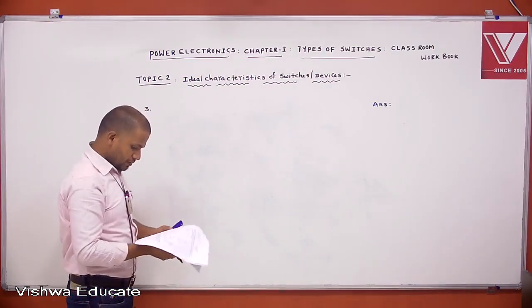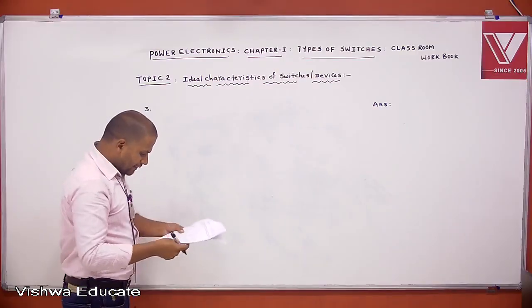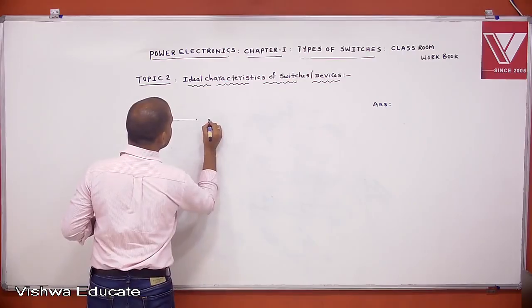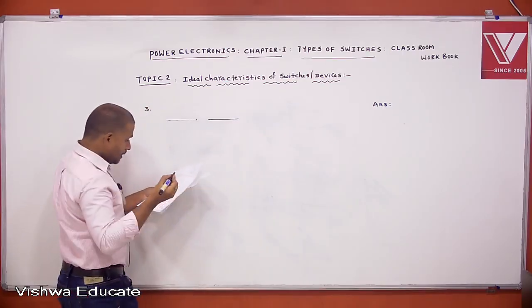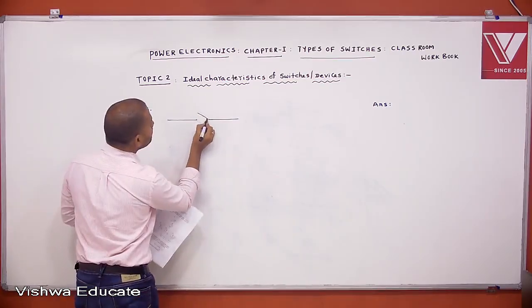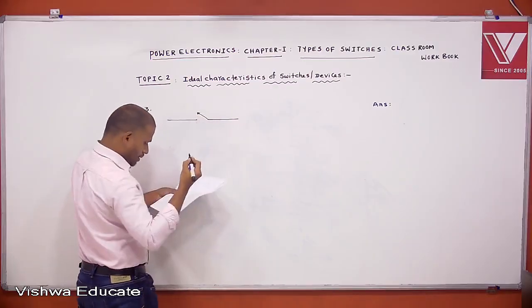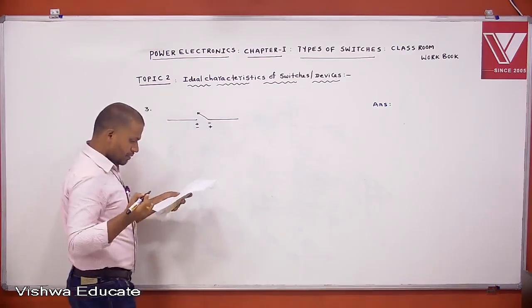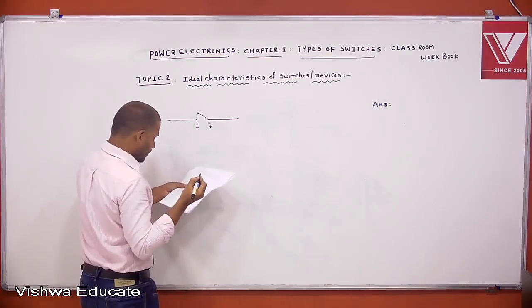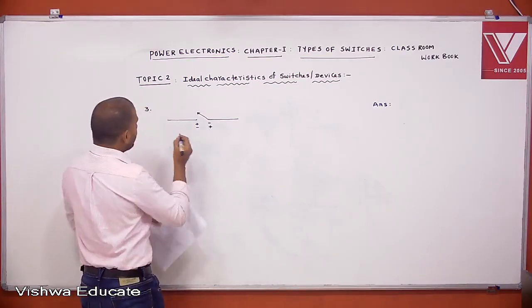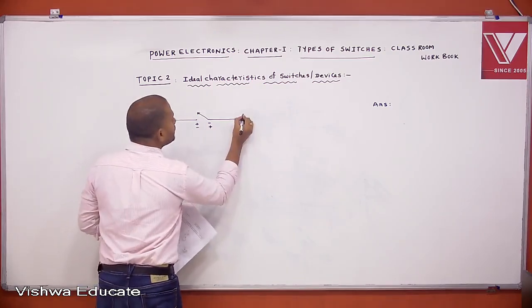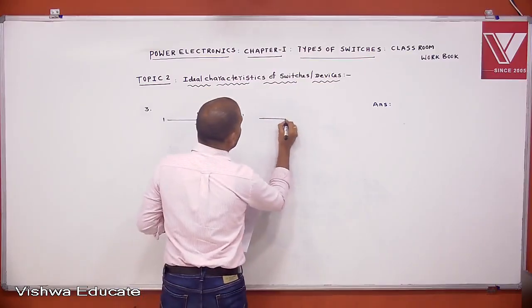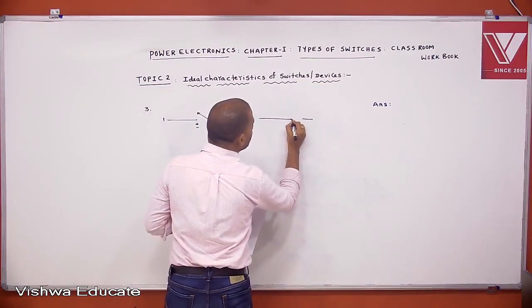In figure A, this is the switch arrangement, with plus minus, minus plus polarity. This is the switch arrangement during the on state.